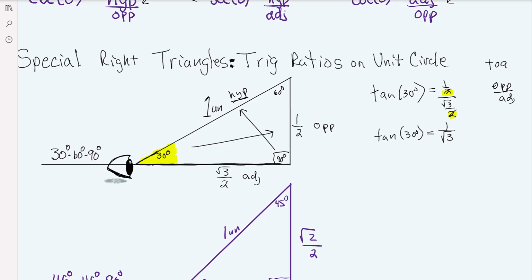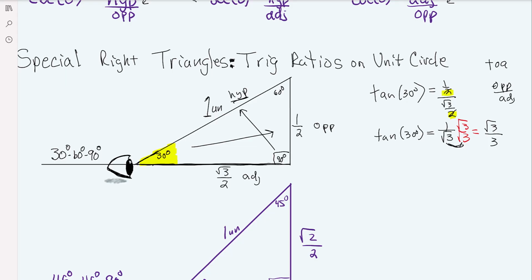Some professors will allow that, but typically you can't have a radical in the denominator, so you'd have to multiply top and bottom by root 3. So the tangent of 30 degrees has a numerator of root 3, and root 3 times root 3 would be root 9, and the square root of 9 is 3.